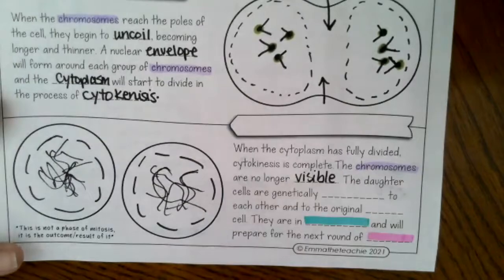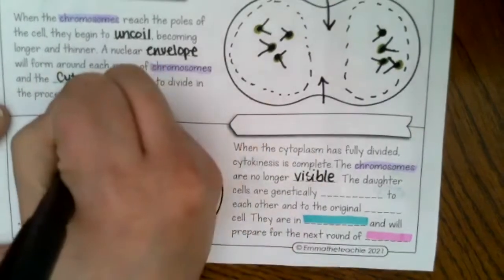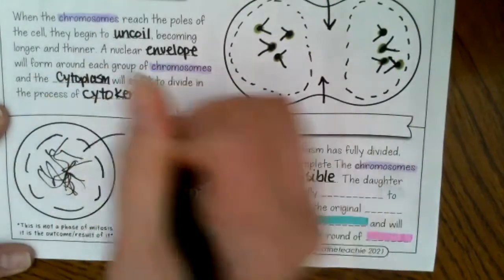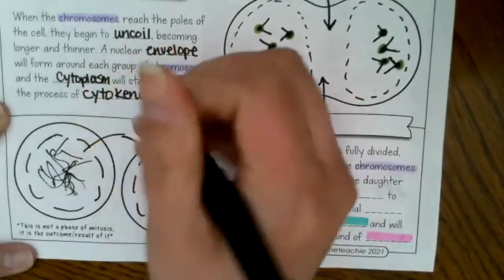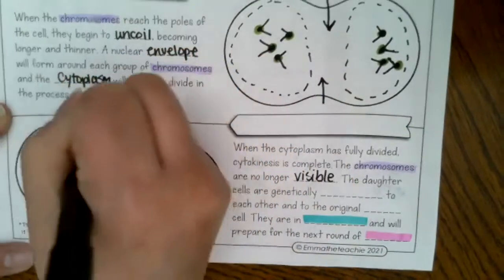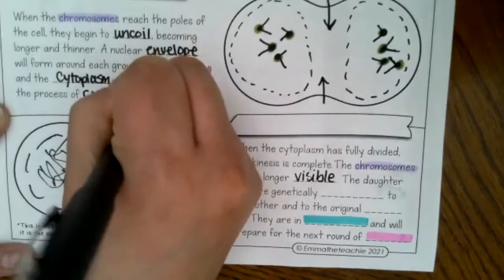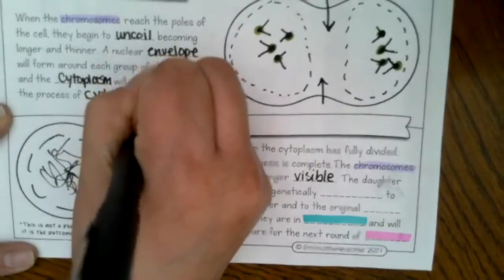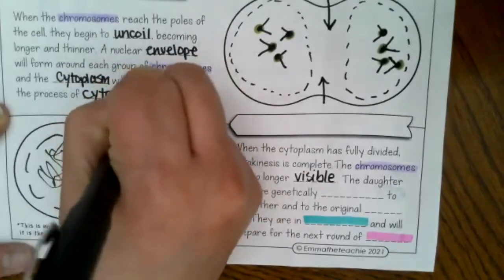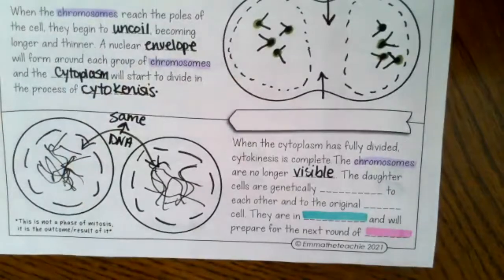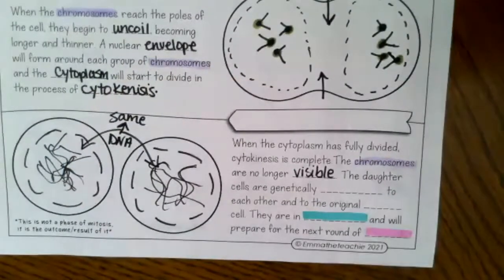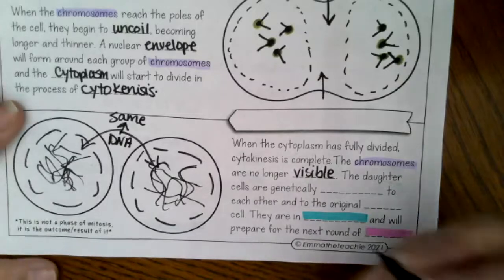All right. Now, the one characteristic that you guys need to know is that these two guys right here, this one here and this one here, are going to have the same DNA. So they are basically little clone copies. They have the same DNA. So the daughter cells are going to be genetically identical.